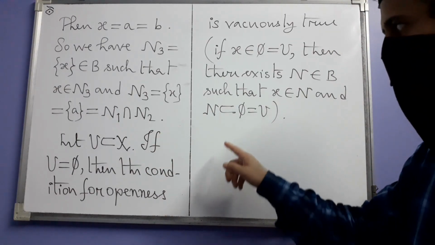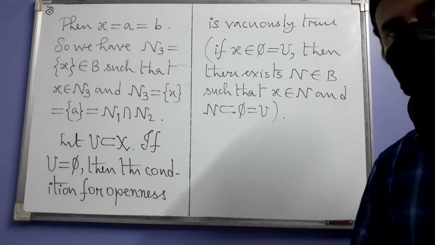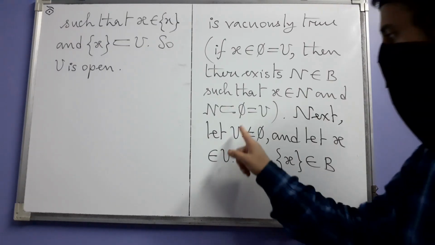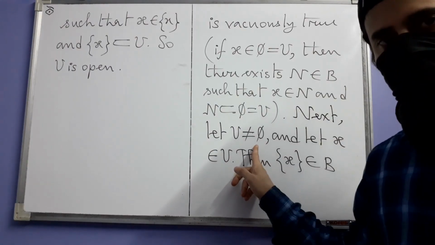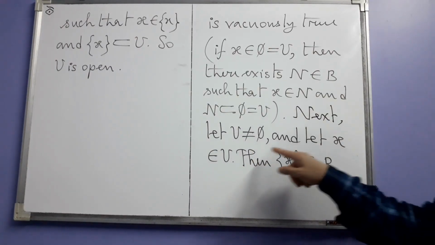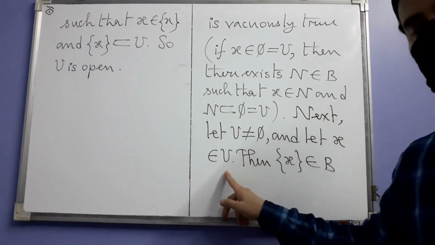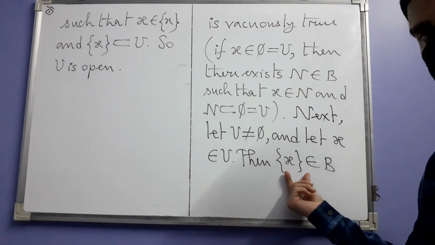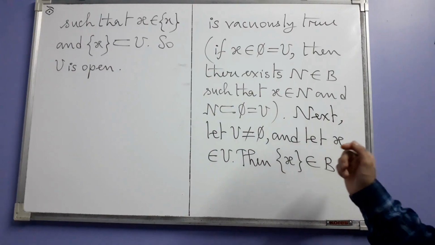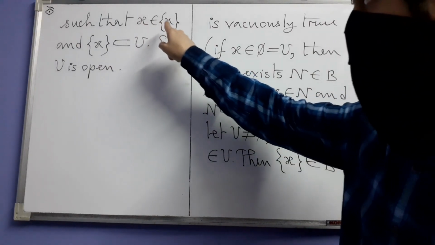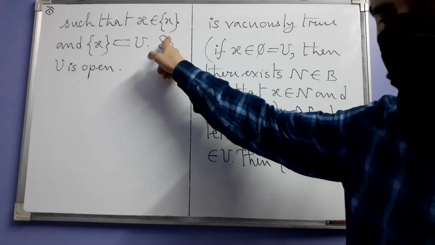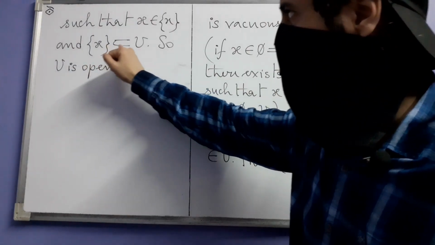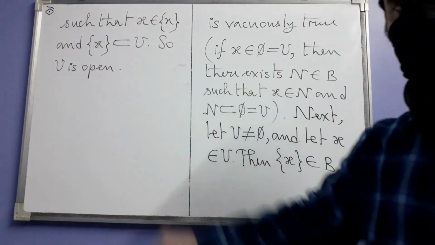Now next let us see the case where U is non-empty. Let U be non-empty, and let us take any element X in U. Then we have this basis element, this singleton set consisting of X, such that X is contained in that set as an element and is itself contained in U as a subset.